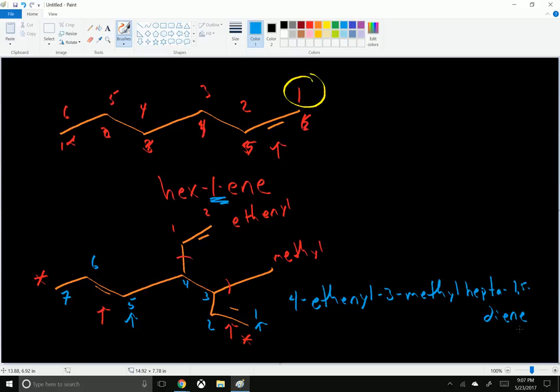Remember, it gets a prefix, and there are 2 double bonds in the main chain, so di, and then double bond ene, so diene. So it's a heptadiene with side chains on it. The double bonds are between 1 and 2, so 1, and 5 and 6, so 5.